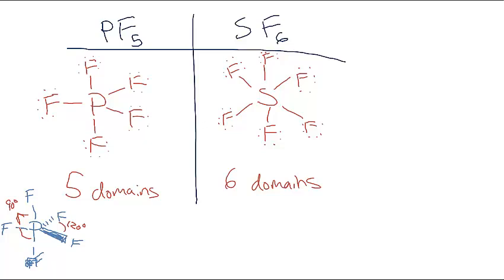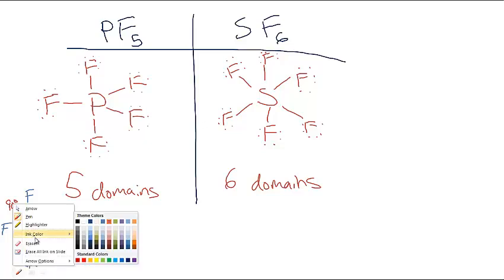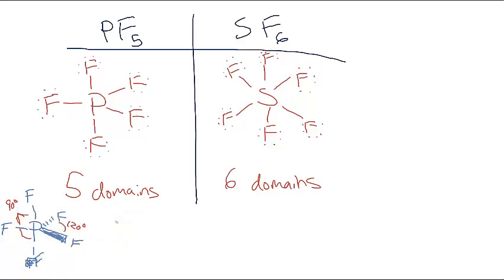What did you guys say for SF6? What does it look like? I see some good hand signals. Perfect. So in SF6, all of the domains are 90 degrees apart.